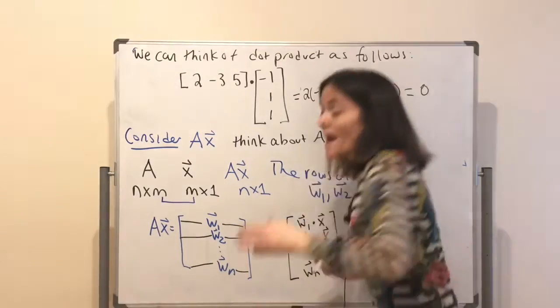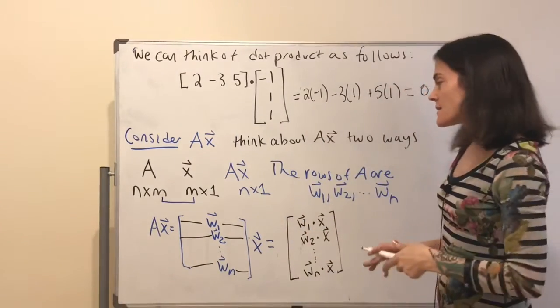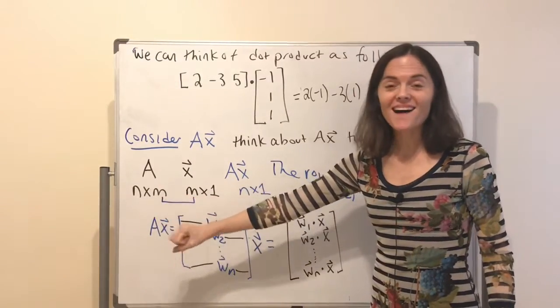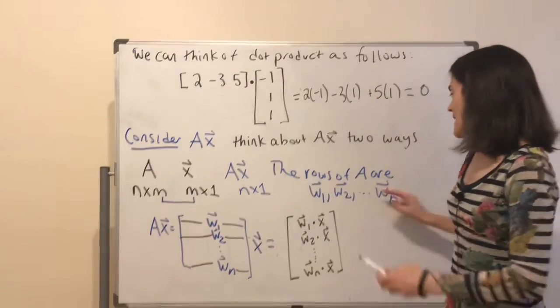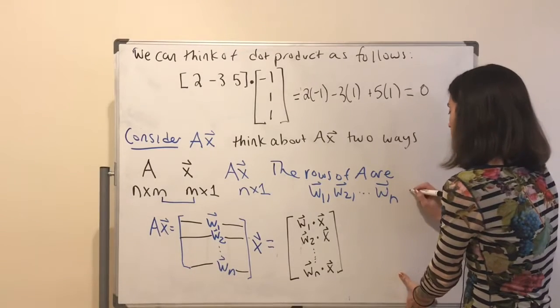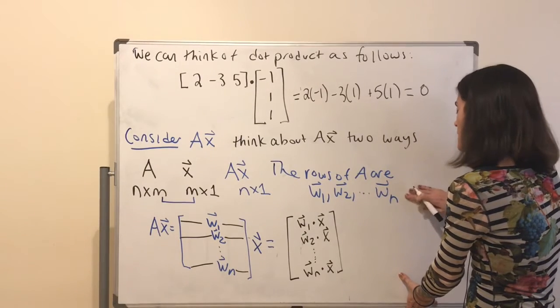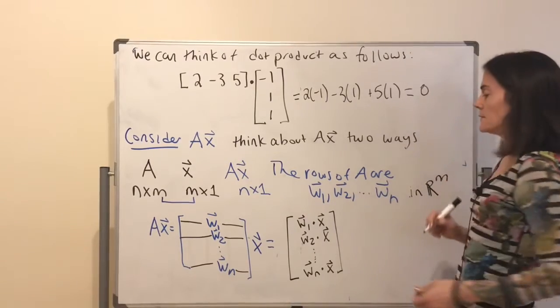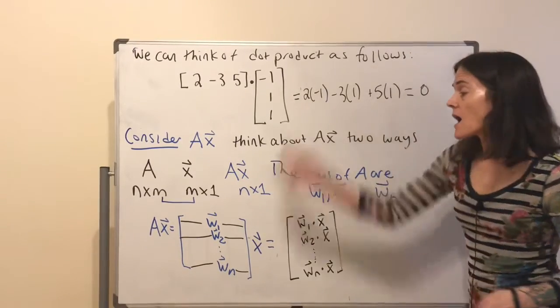Now, first of all, why can we even make these products? Well, we have m columns, which means each of the rows here is in R^m, because that's how many columns we have.